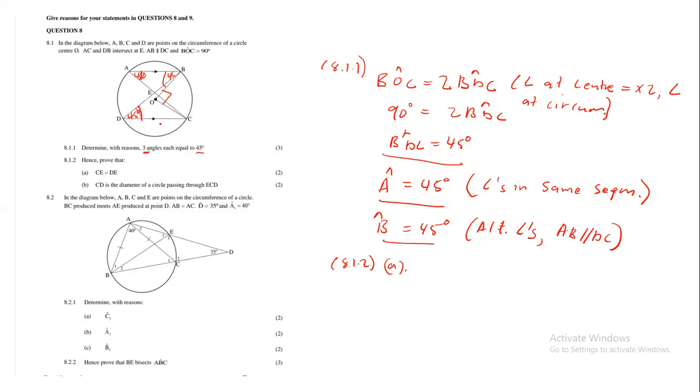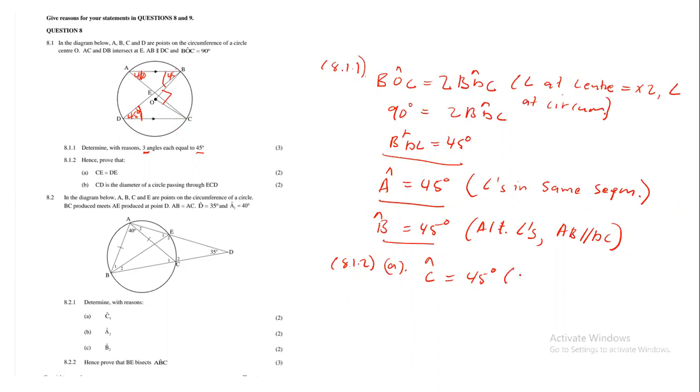I'll just call it C. So we're going to say angle C is equal to 45 degrees. But why do we say that? Because again, you can use the alternating angles within the parallel lines, or you can use the angles in the same segment. So I'll just say same segment. Angle C is equal to 45 degrees. Why?